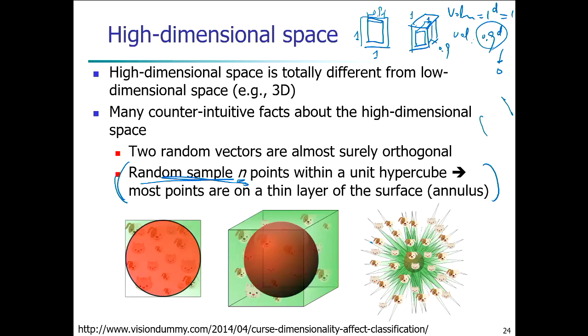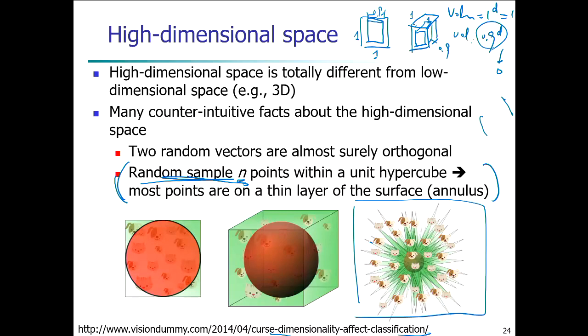This is actually very different from low dimensional space. In fact, there are some very good blogs and discussions on this; I'll give the URL below. This picture is coming from them. Look at this picture in high dimensional space.